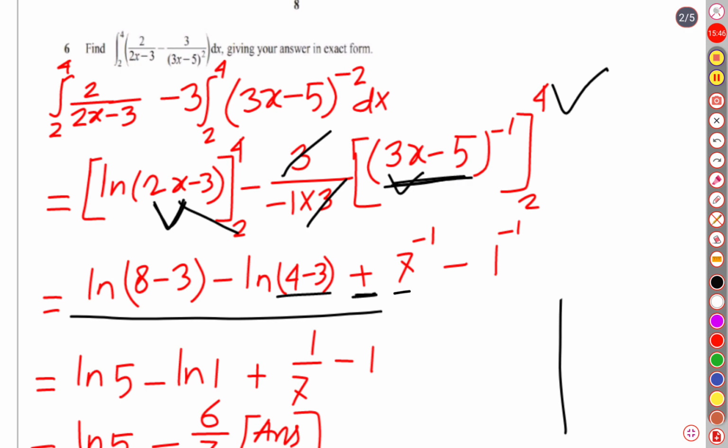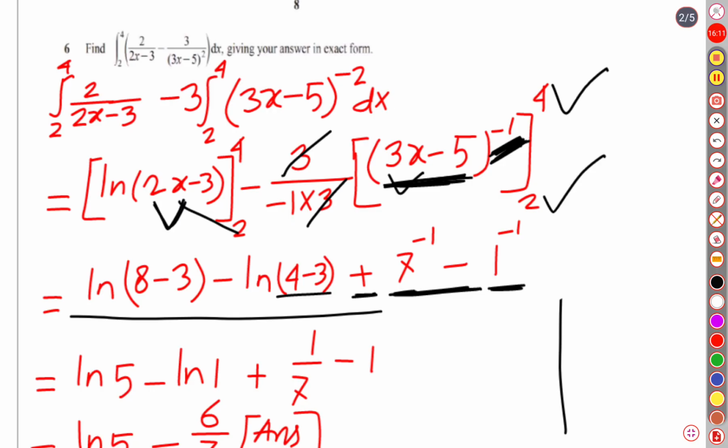So we have written here 7, and we cannot ignore our exponent. Exponent is negative 1. Minus symbol should always be used in finding the difference between the upper limit and lower limit. Then we substitute 2. 3 twos are 6. 6 minus 5 means 1. We have written 1, and this exponent is negative 1.